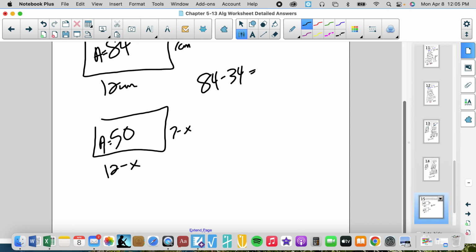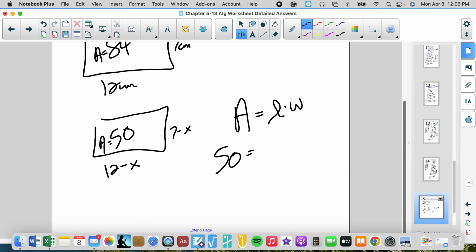The area is length times width. We'll say the new area equals length times width. The area is 50. The length is 12 minus x. The width is 7 minus x.